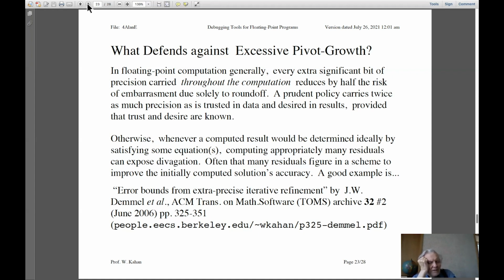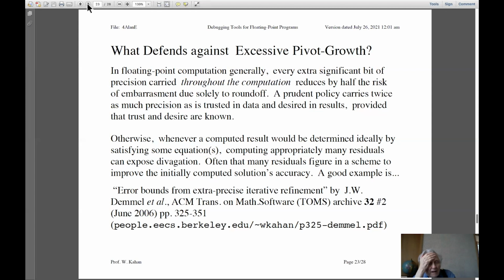If the thing you want to compute is defined by being the solution to some equation or equations, then calculating the extent to which your alleged solution dissatisfies the equations, because that's what the residual is, can give you some idea of how inaccurate your alleged result is, and also some idea of how to improve it.